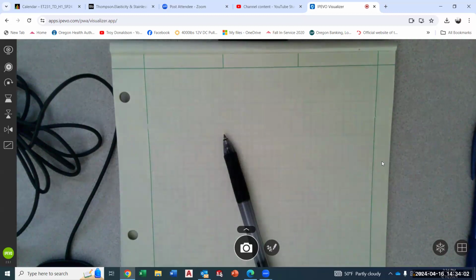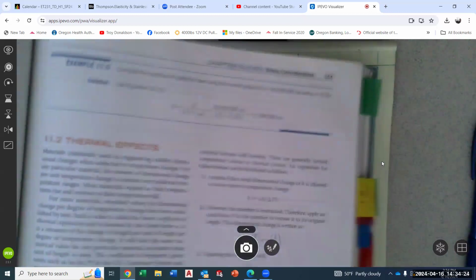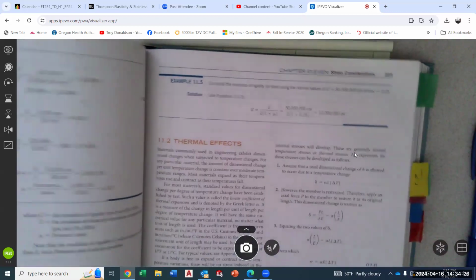So if you read about it, out of chapter 11, thermal stress and thermal elasticity or expansion. They talk about it here, and they give you the 2 equations.